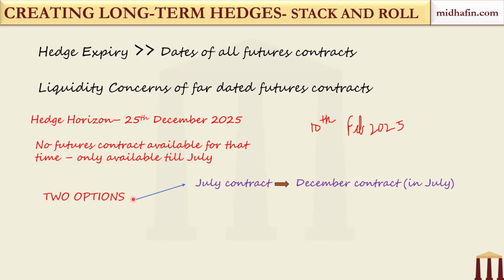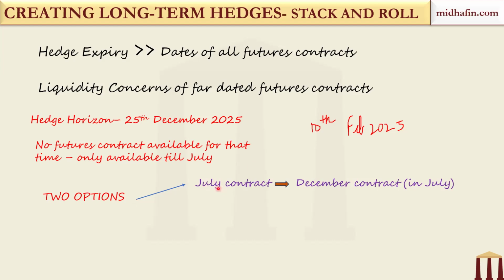It has all the contracts only till July. Okay, so you have two options. You go for the July contract right now on 10th of February, the last contract that is available, which will be the most illiquid on that day. On 10th of February, the last contract, which is the July contract, is the most illiquid contract.